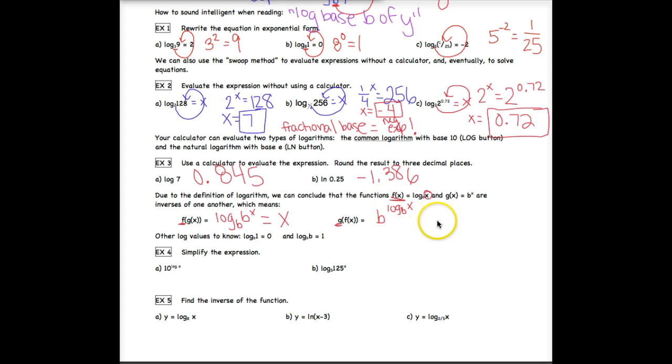Again, if they're inverses, which they are, that means their composition should equal x. So again, new property that we've discovered here, when I've got an exponent that has a log, if the base of the exponent and the base of the log match, the whole thing simplifies to whatever this is.